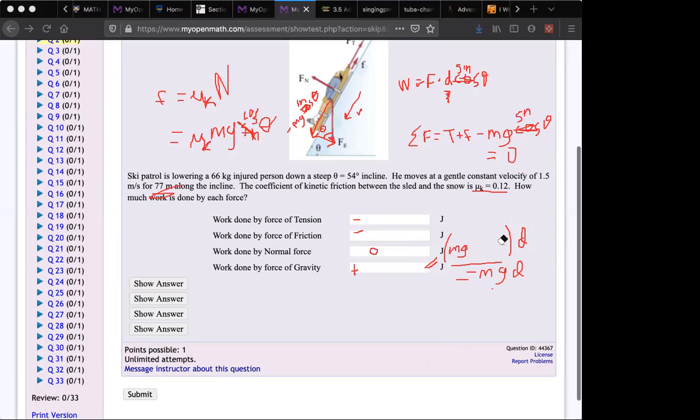This one is directly the work equation, where you take the force times the distance times the cosine of the angle between them. So this one is just the cosine between the normal force here and the distance moved, which is this way, which is 90 degrees. So this one just becomes the cosine of 90, which is 0.